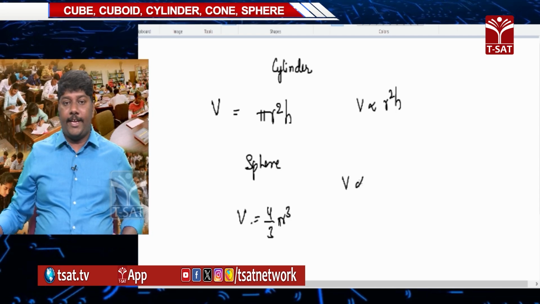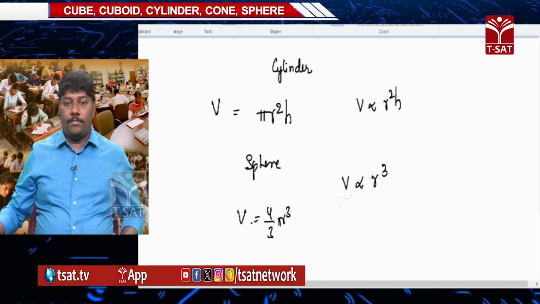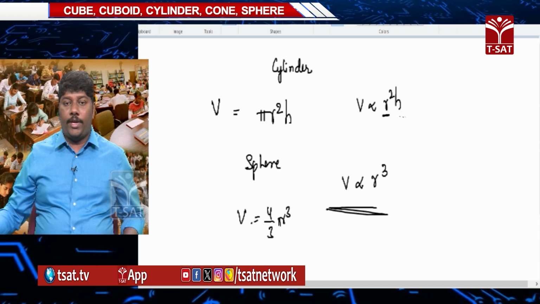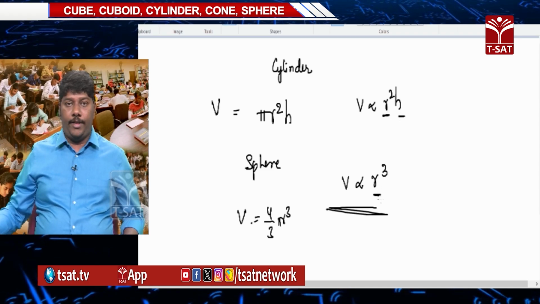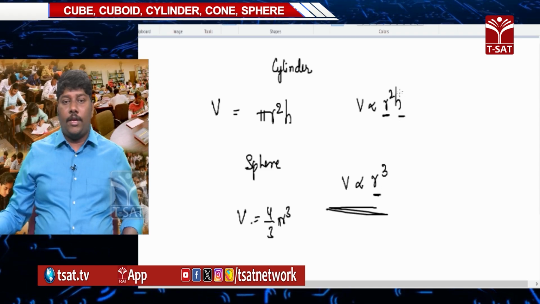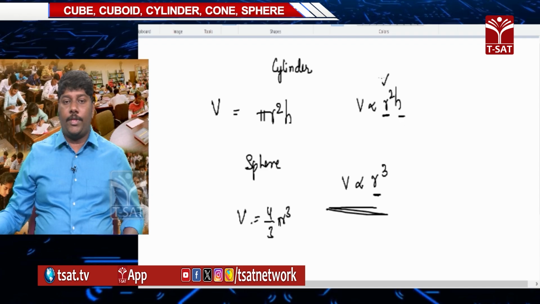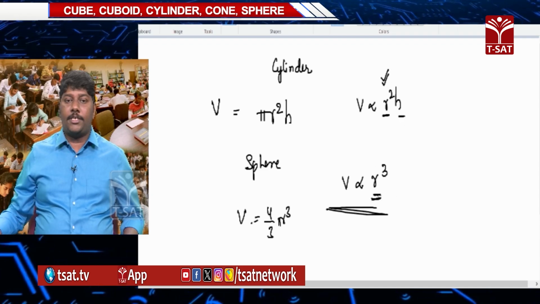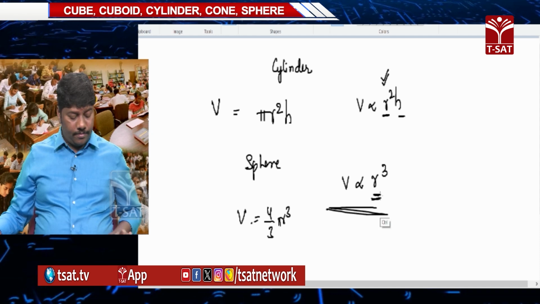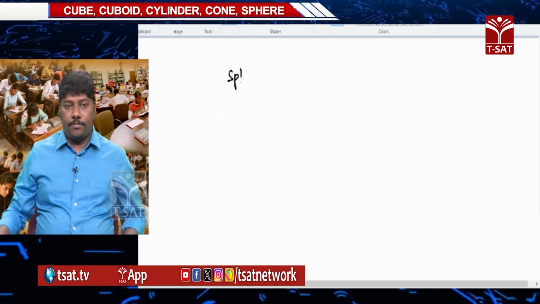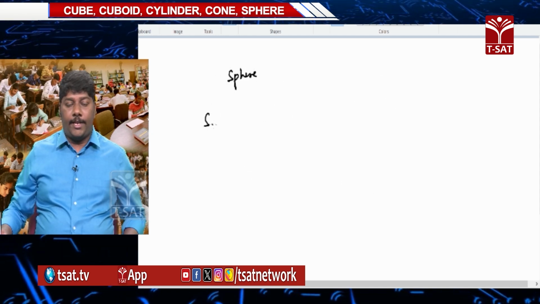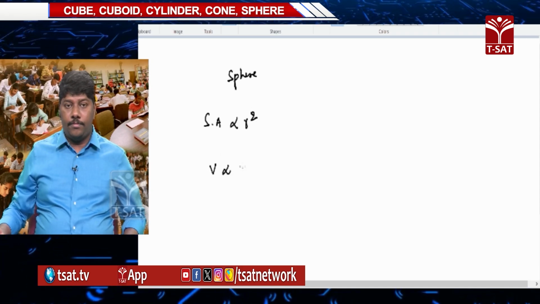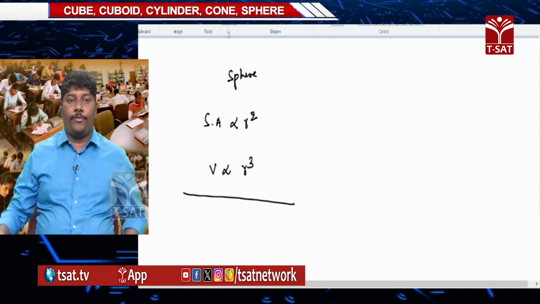So volume varies directly with the cube of radius. Remember, if height is constant, then volume varies with the square of radius. Here there is no height, therefore it depends completely on radius. For a sphere, surface area varies with the square of radius. When it comes to volume, it varies with the cube of radius.